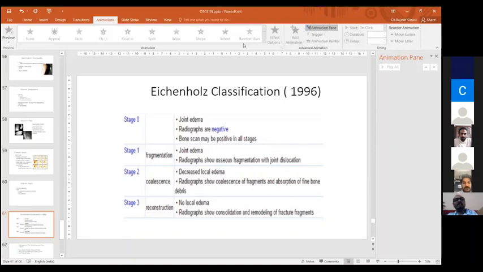For exam-related questions, you should know the 3-4 things. One is tibialis posterior dysfunction. This is something which all the seniors, including me, have missed when we came out. I became foot and ankle after 10 years of my MS ortho, so I have missed plenty before. Tibialis posterior dysfunction, you should know theory as well as practical.